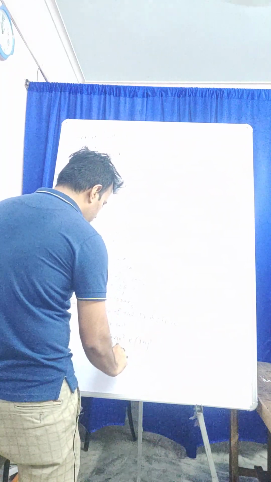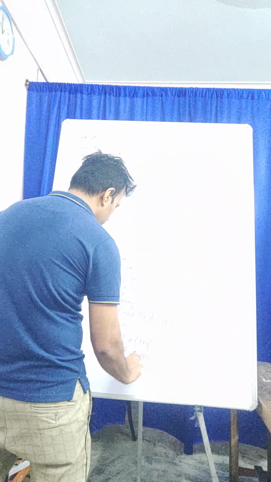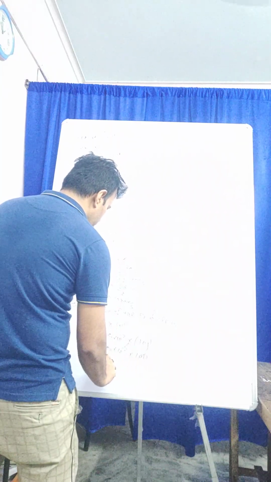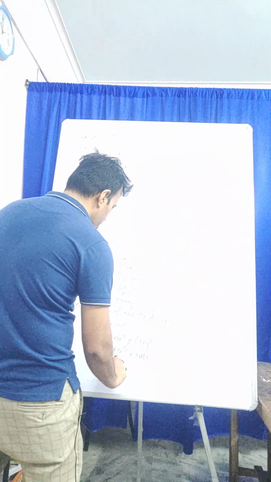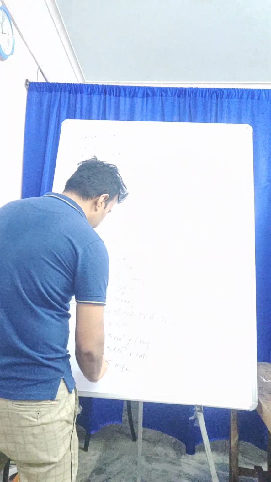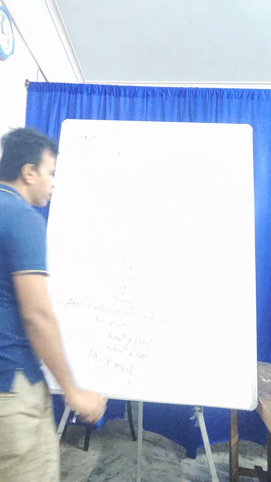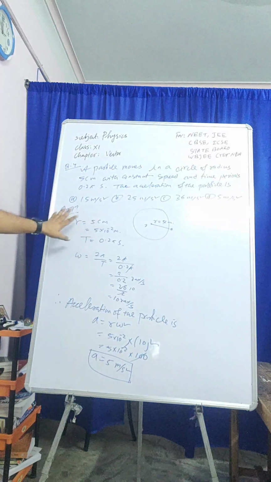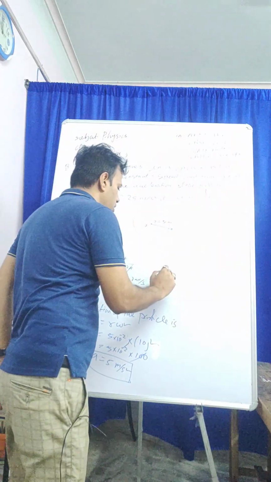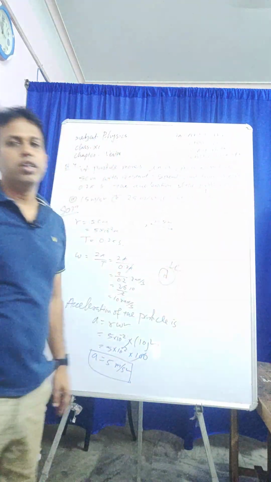So 5 into 10 to the power minus 2 times 100, this will cancel, so 5 meter per second square is the correct answer. Option D is the correct answer. Okay, so got my point.